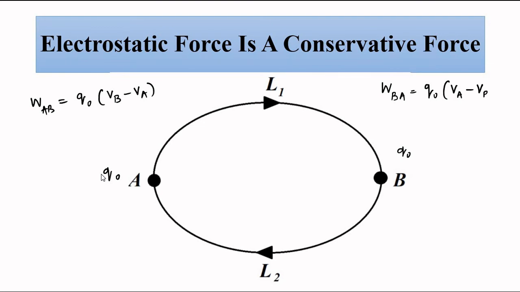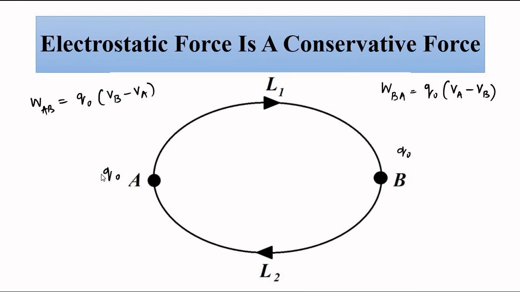Try to understand, initially the initial point was A, then it reached here, so this is the work done in moving the charge from A to B, final minus initial. Again, when we have to move it from B to A, the initial point is B, final point is A, so that's why VA minus VB.